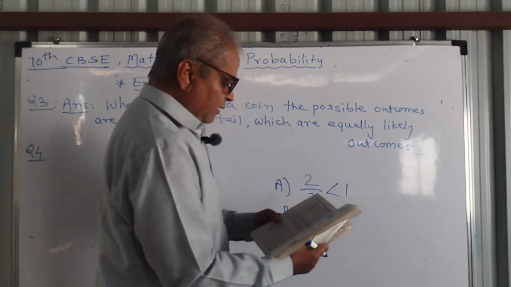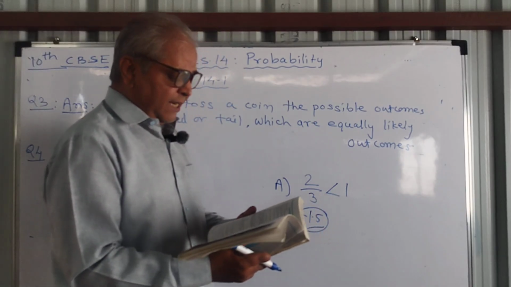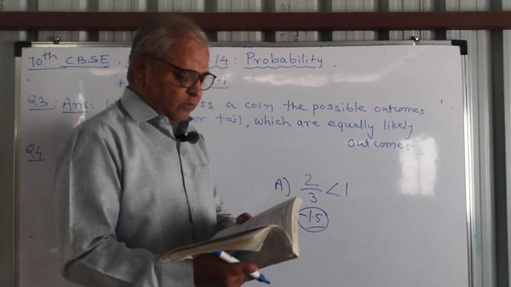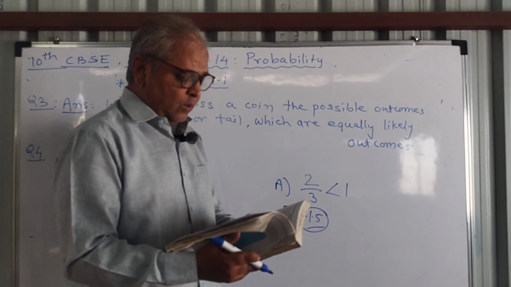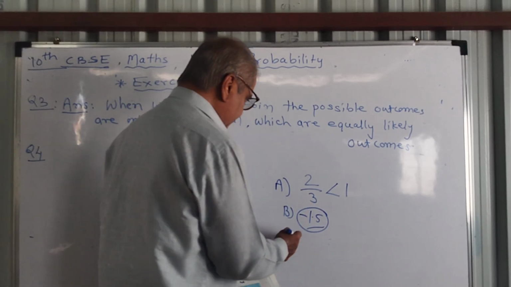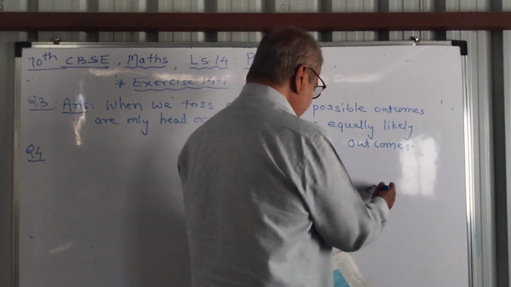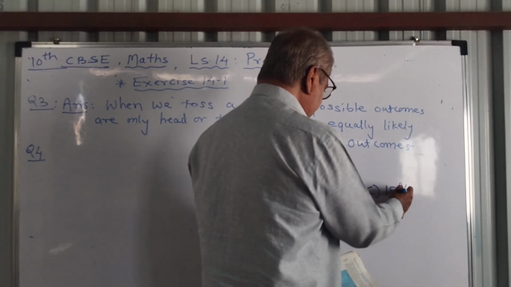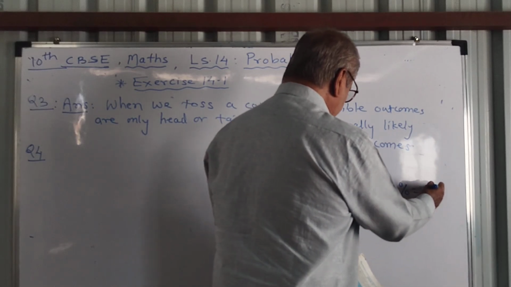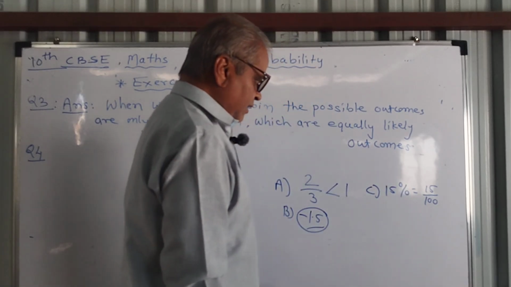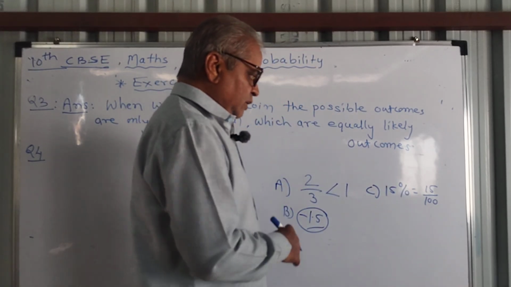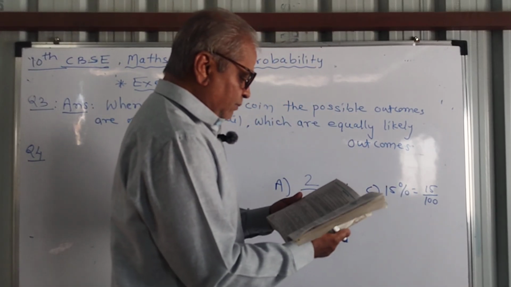Which of the following cannot be a probability? 2 upon 3 yes, minus 1.5 no. Option C is 15%. So 15% means 15 upon 100. It is again less than 1. So this probability is possible.